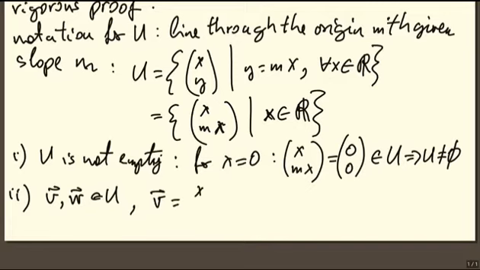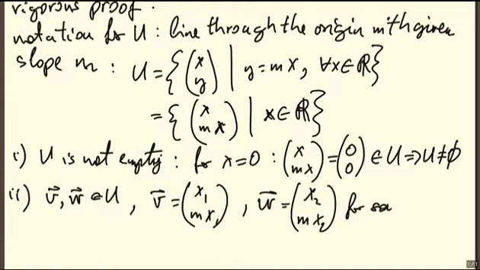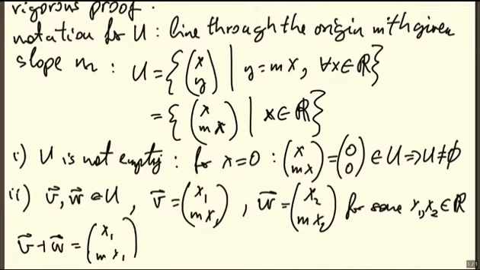For example, it can have (x1, mx1) coordinates, and then w can have (x2, mx2) coordinates for some x1, x2 real numbers. We don't know what real numbers, we don't care. Then we have to write down how the addition looks like. (x1, mx1) plus (x2, mx2).